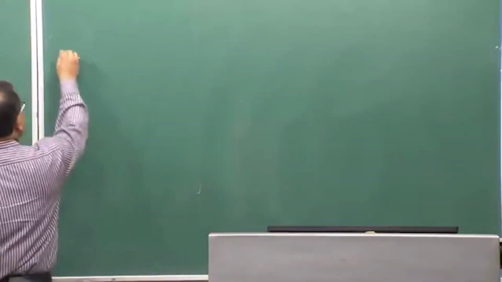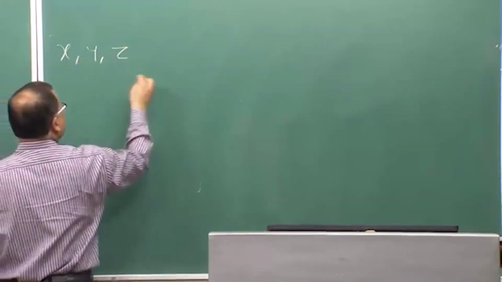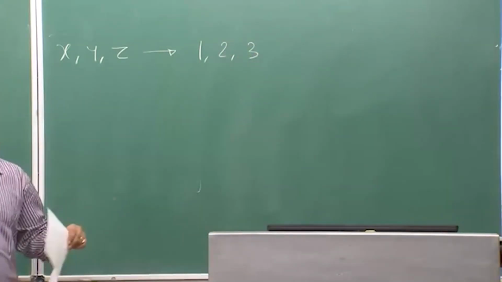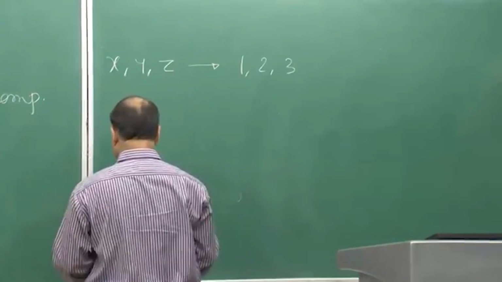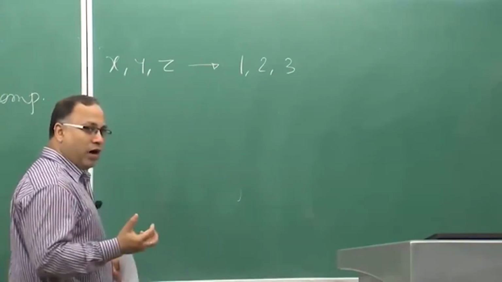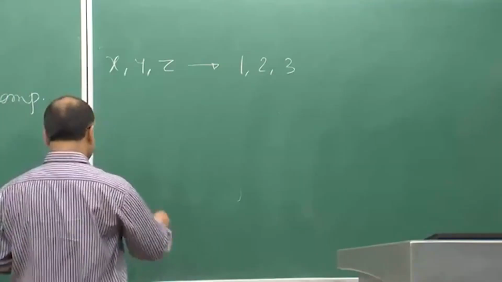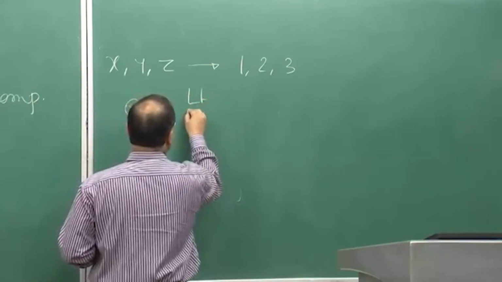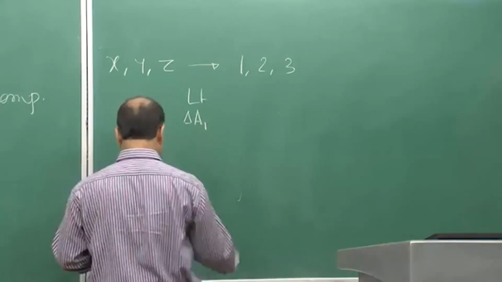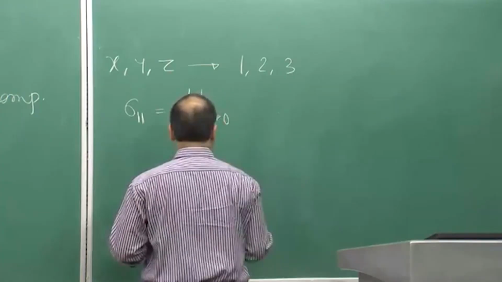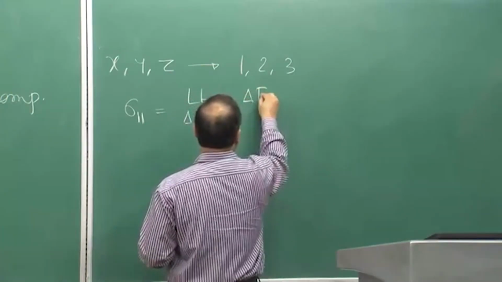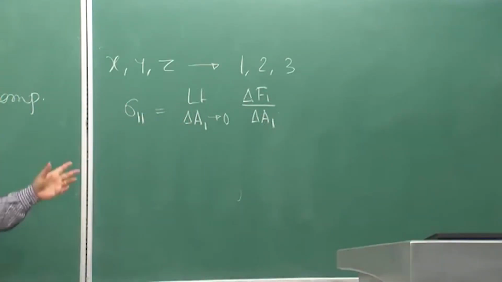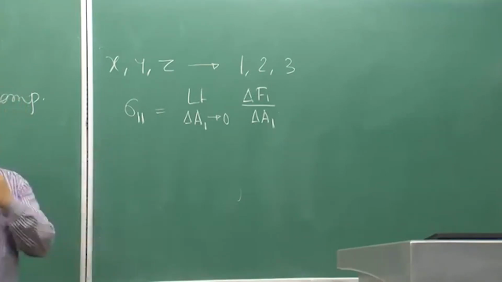So, if we define x, y, z as the 1, 2, 3 axis system, then on plane 1, that means on plane x, the stress acting is sigma 11, the limit as delta A1, that is the area of plane 1, tends to 0, of delta F1 by delta A1. So, that is the definition of the normal stress on plane 1.